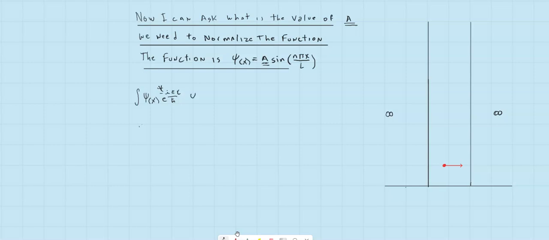Times psi of x, e to the negative i E t over h bar. What I'm saying is that the integral of psi star of x psi of x dx must be equal to 1.